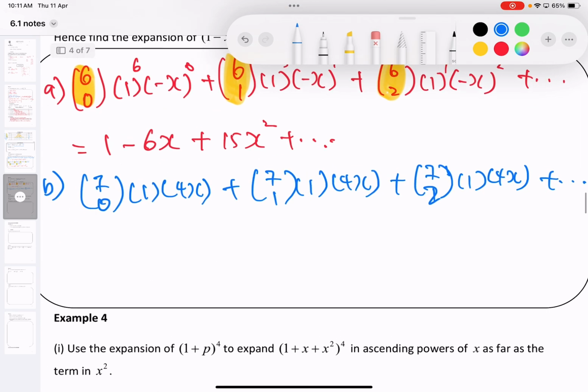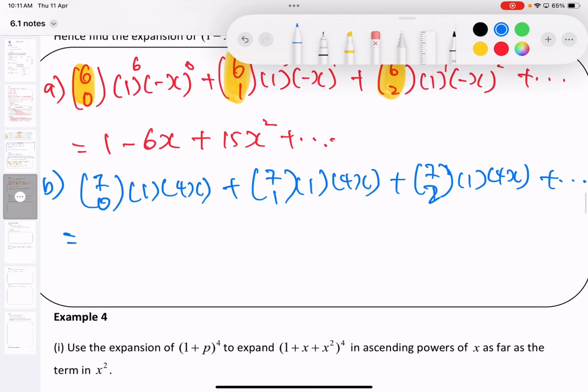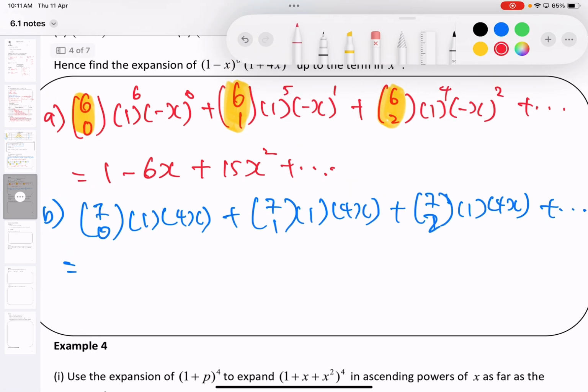I can now put in the powers. I remember the first one is just 7 minus 0, that gives me 7, in descending powers. The second one is in ascending powers, so start from 0, 1, 2.